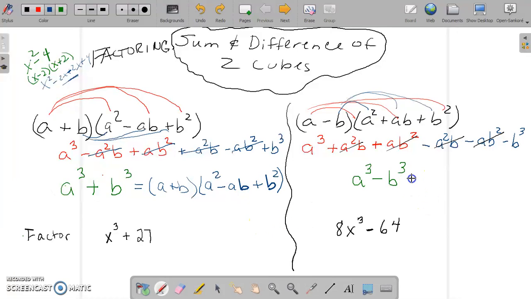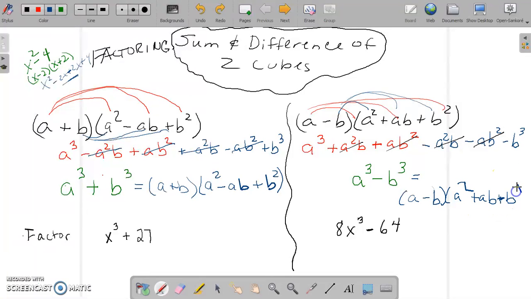For a cubed minus b cubed, it's a minus b times a squared plus ab plus b squared.